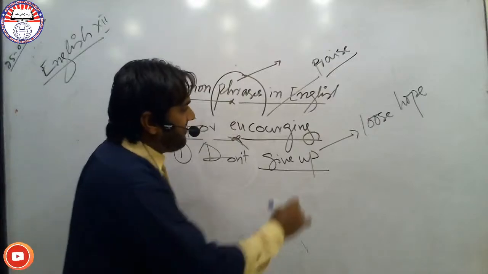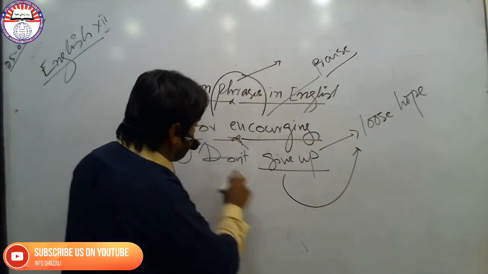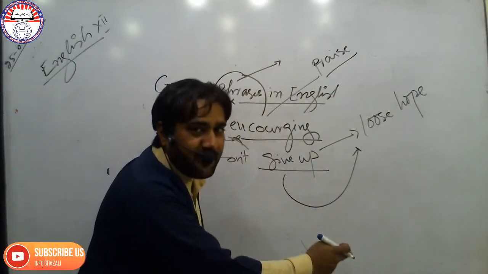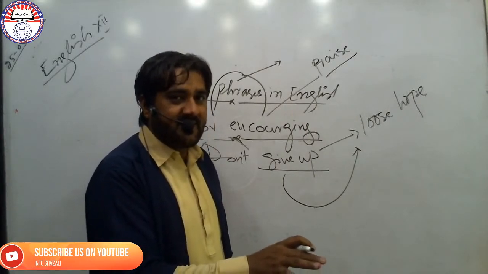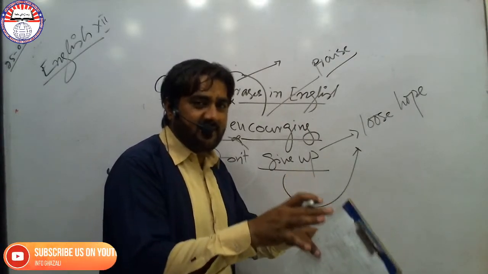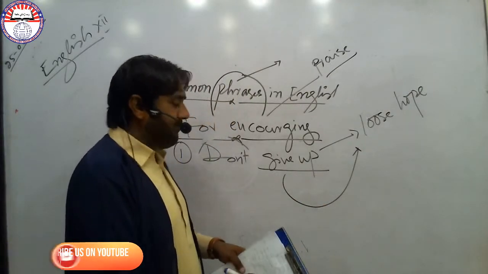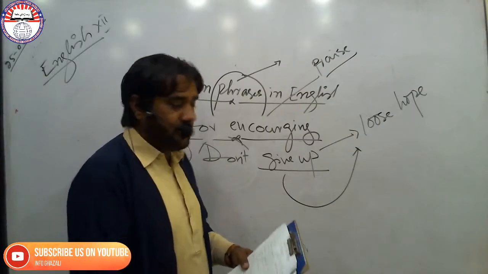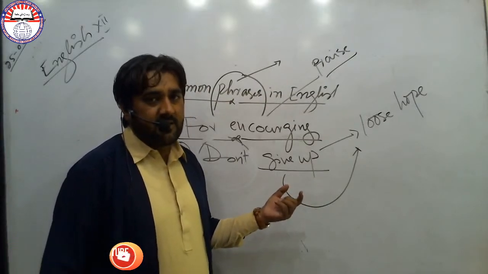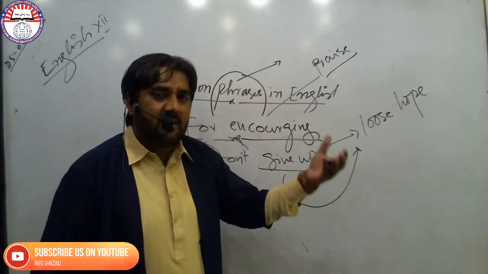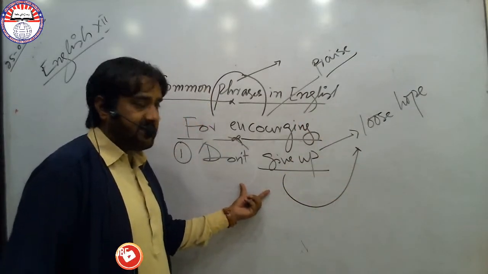We have simply changed this idea of losing hope into don't lose hope. If somebody is depressed, if someone is really in great tension, and you are there, you are simply writing a sentence, you are communicating with him that don't give up, you will simply boost his enthusiasm. You will encourage him while using this phrase.